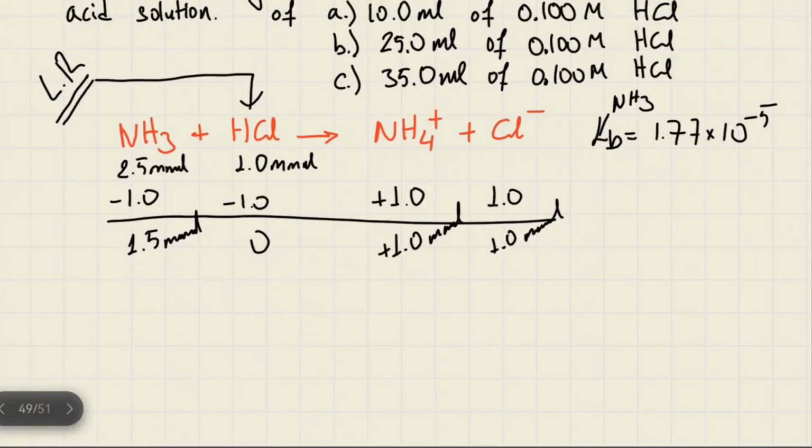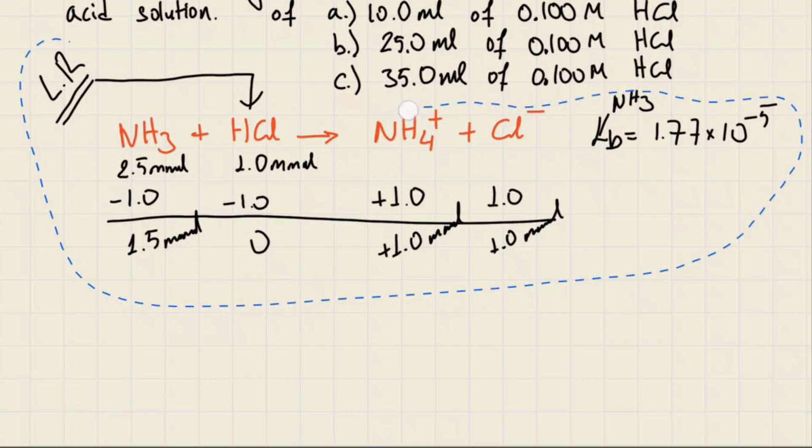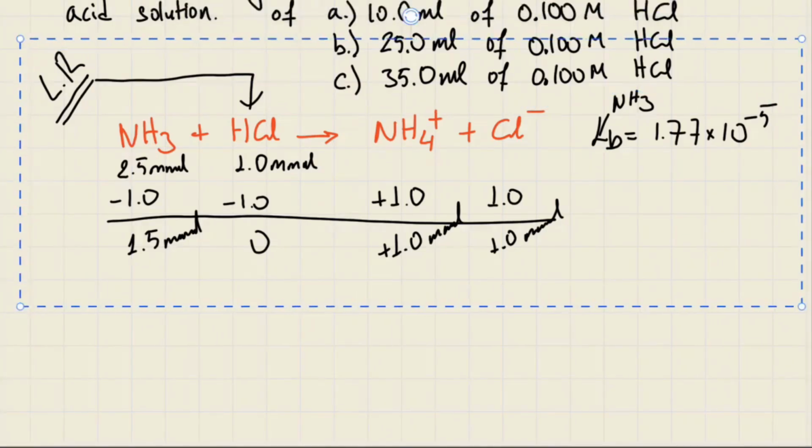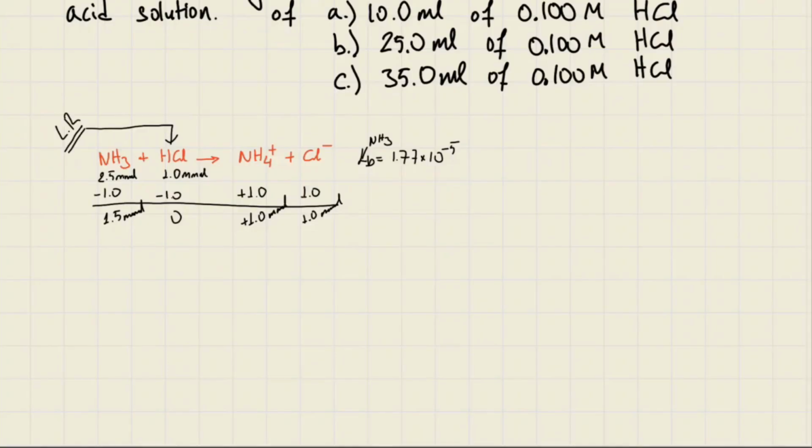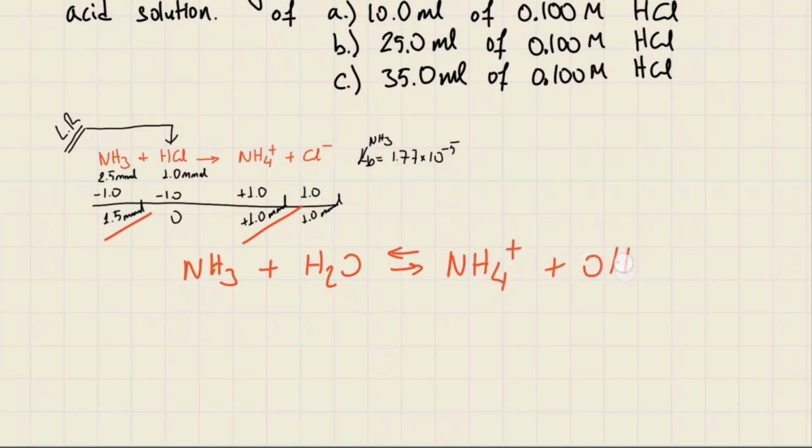So we have NH3 and NH4 plus. So I will consider this reaction. It's an equilibrium reaction. And Kb of this reaction is this.